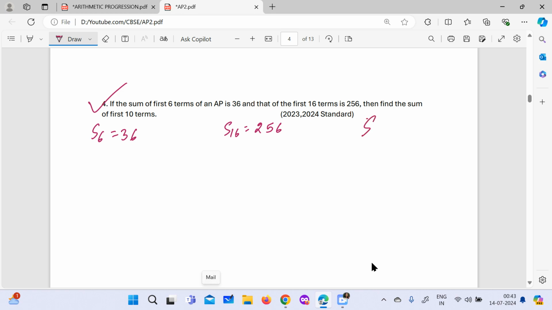So our question is to find the sum of first 10 terms. So let's see. Sum of first 10 terms will be n over 2 times 2a plus n minus 1 into d. So this is the rule we have.